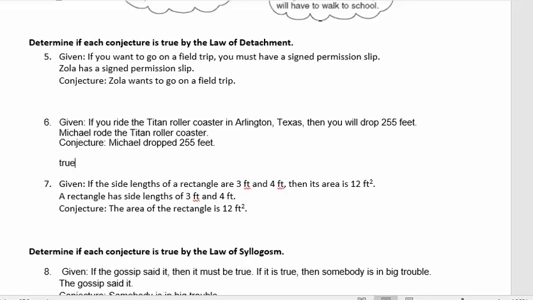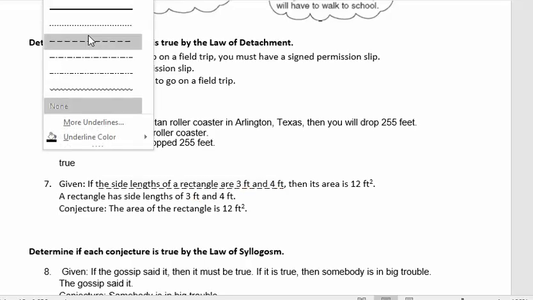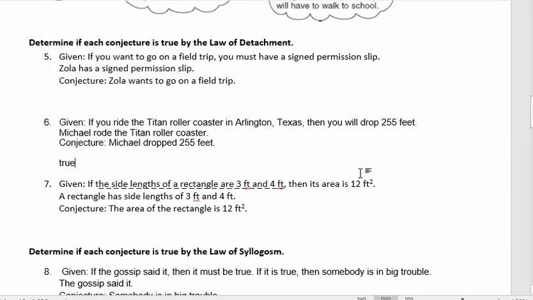And then number 7 says, if the side lengths of a rectangle are 3 and 4 feet, then its area is 12 feet. Okay, that's our hypothesis, the side lengths of a rectangle are 3 and 4 feet, and the conclusion is its area is 12 feet.